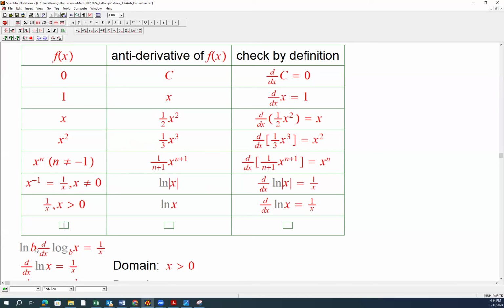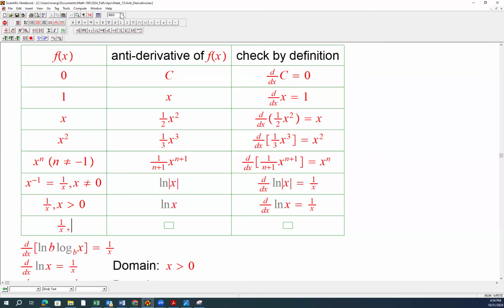This is not commonly used, so when you need it, you just know how to derive it yourself. So this piece is also an antiderivative of 1 over x. This is another form of the antiderivative of 1 over x. Okay, what kind of x? Positive. x must be positive, because of the function we're looking at.